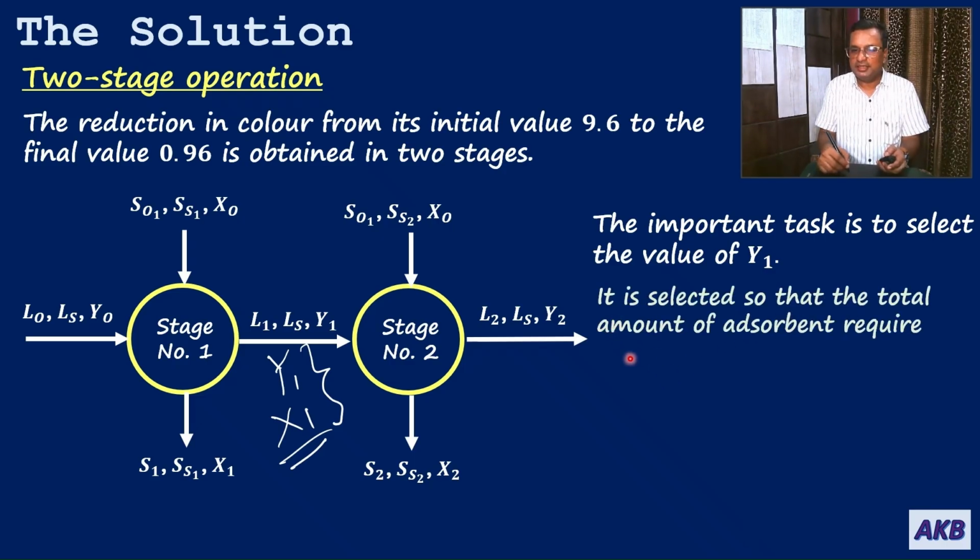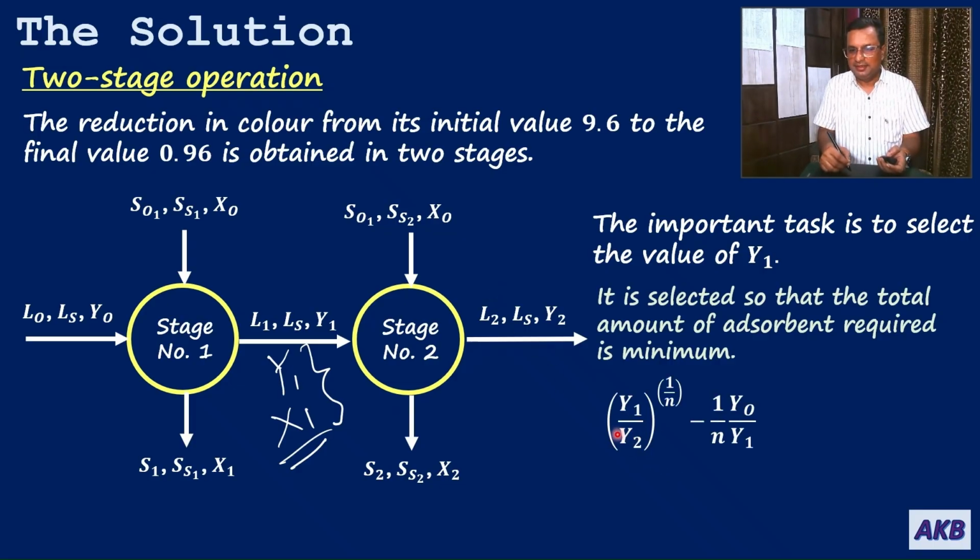It is to be selected so that the total amount of adsorbent required is minimum. So we are going to choose that value of y1 which will give minimum total amount of adsorbent. By total amount I mean amount of adsorbent required in stage 1 plus amount of adsorbent required in stage 2.